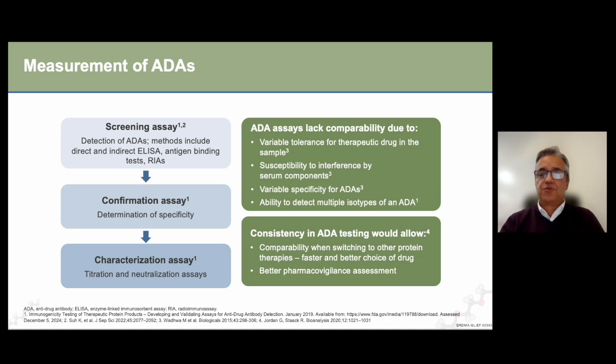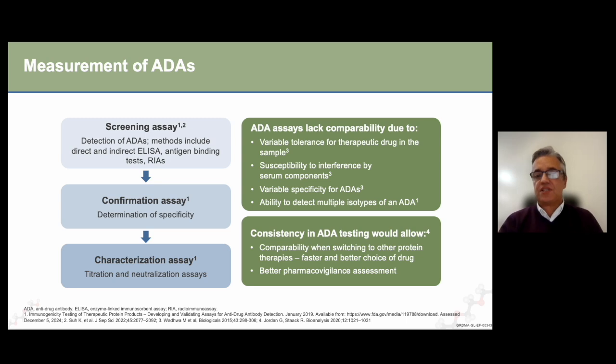So it's important really to assess the best ADA assays. They should be tolerant, as I said, to the therapeutic drug. They should have susceptibility to interference by serum components. They should be really aware of that. The variable specificity of ADAs should also be assessed during the monitoring.